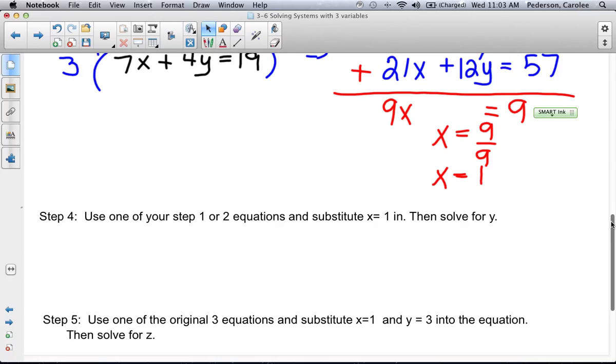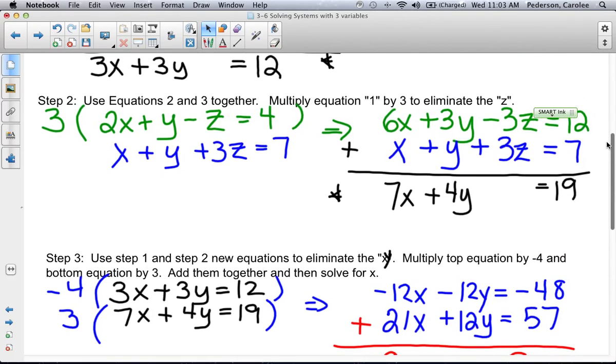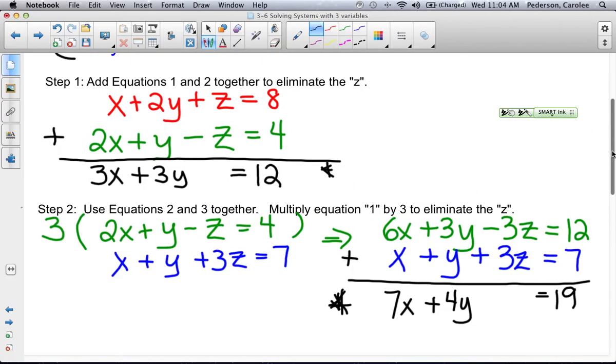Step 4 is to use one of your step 1 or 2 equations, those black equations that we found, and substitute x in and then solve for y. So what I'm talking about is either this 7x plus 4y equals 19, or this one over here, 3x plus 3y equals 12.